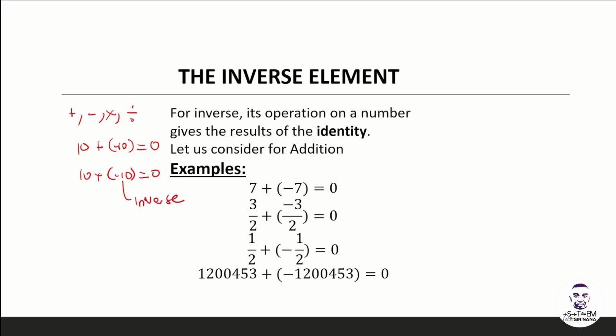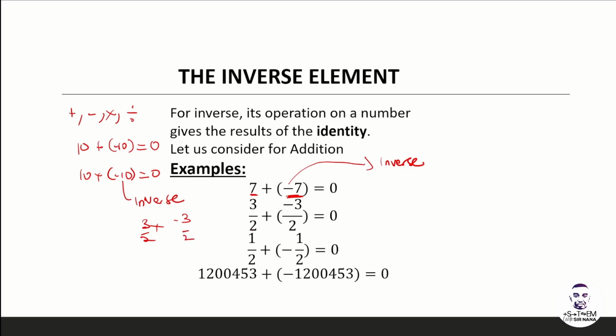Looking at the examples here, the first one, 7, we see that the inverse of 7 in addition is negative 7, because 7 plus negative 7 gives us 0. This represents the inverse. When we look at a fraction, for instance 3 over 2, we know that we need to add negative 3 over 2 in order to get 0.